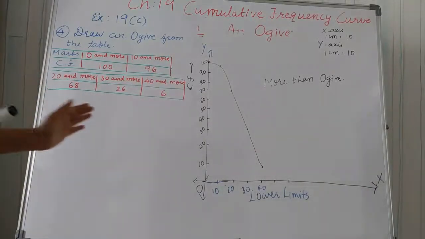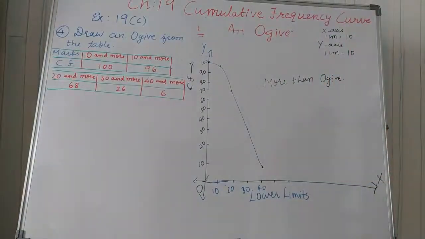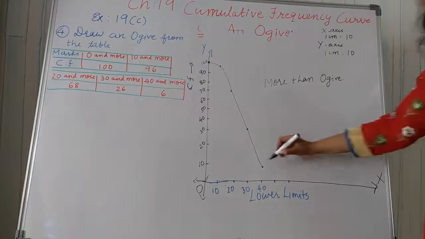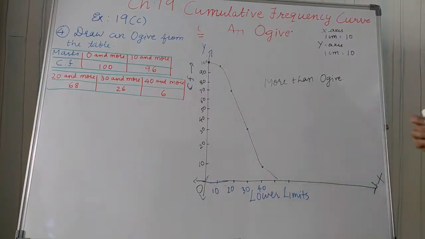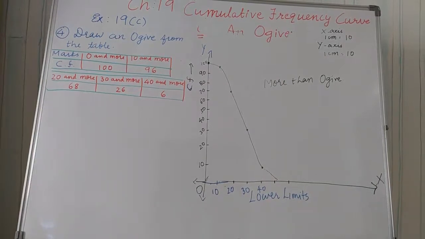So this way you can understand how you can draw your ogive. You can join this line like this way, dotted here, to the next class interval, that is the next lower limit. So this is example number 4, exercise 19C, how to draw the more than type of ogive.